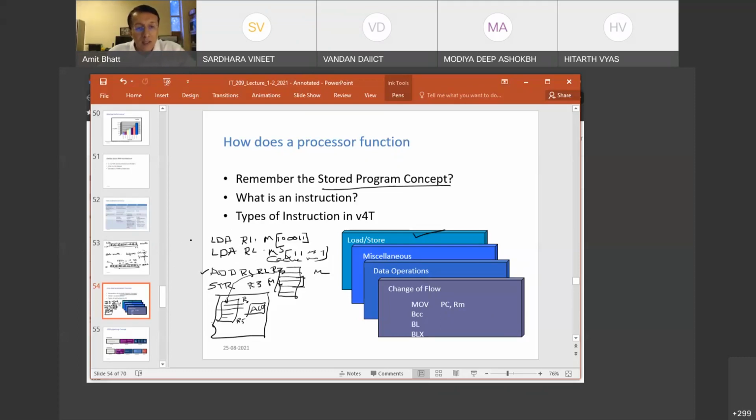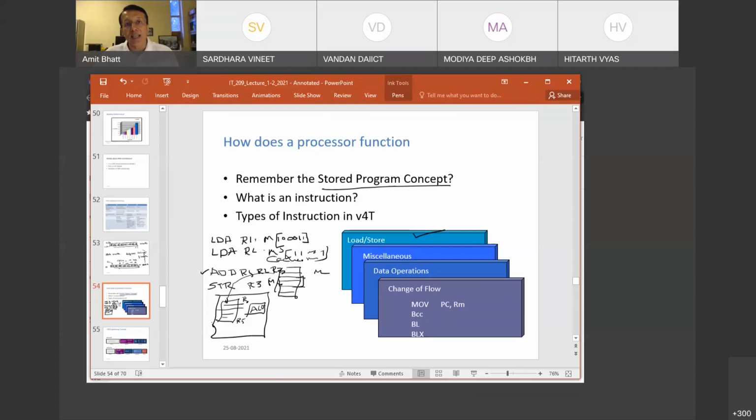So in load-store architecture, you are accessing the memory either for reading or writing using only two instructions, load and store. You can't say add memory location something with memory location something and put the value into memory location something. No, you can't. That is not allowed.